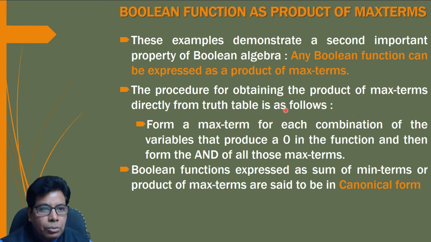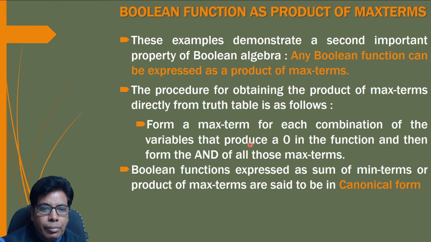So the procedure for obtaining the product of max terms directly from the truth table is to form a max term for each combination of the variables that produce 0 in the function, and then form the AND of all those max terms. So here we have to consider the combinations which produce 0 in the function and not 1.